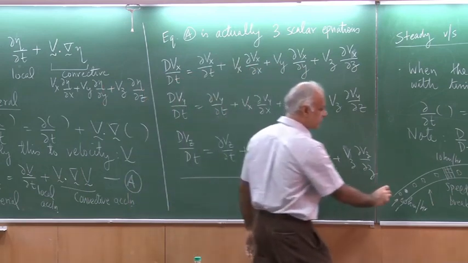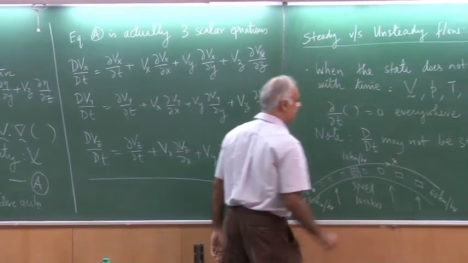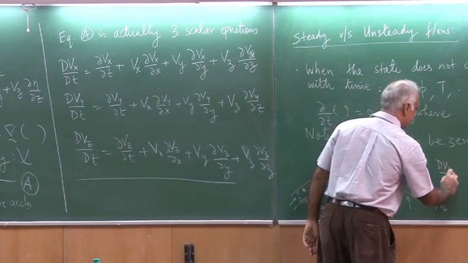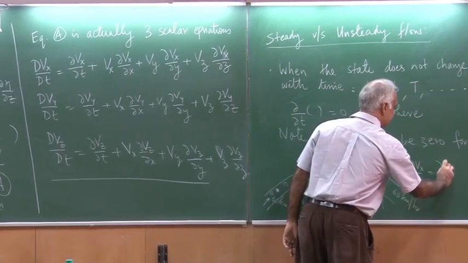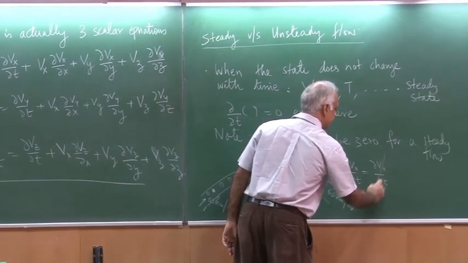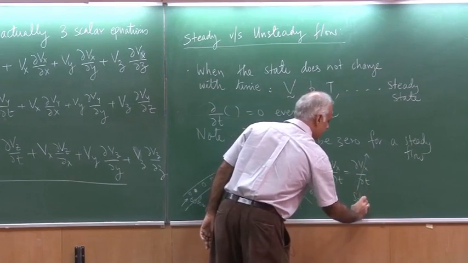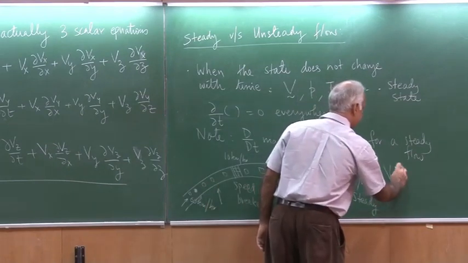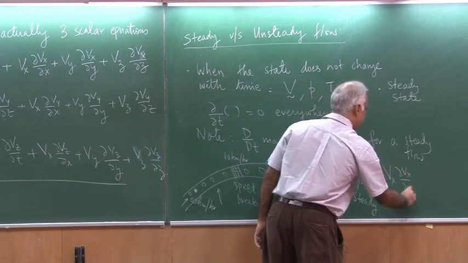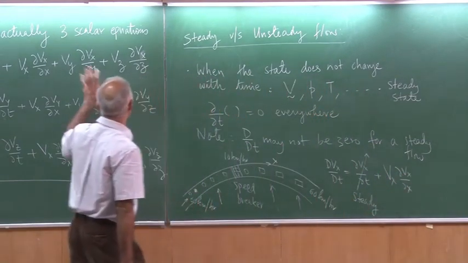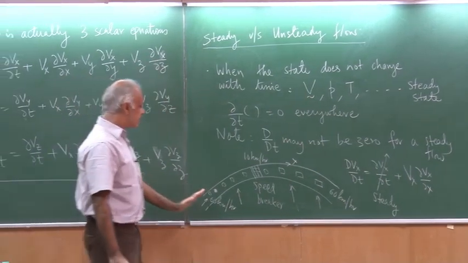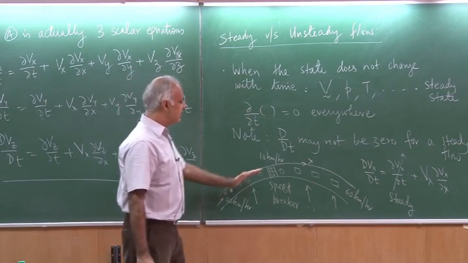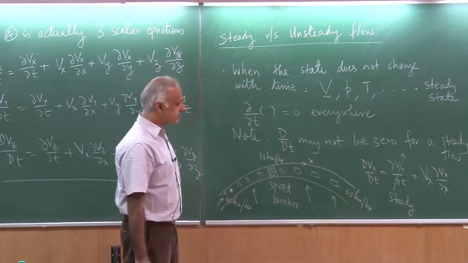So, if I put my x coordinate system along the road, then actually I am talking about dVx/dt is ∂Vx/∂t, which is 0 for steady flow, plus I have Vx ∂Vx/∂x. Notice I have gotten rid of these two terms because I am talking about some kind of one dimension only. Of course, x is curved.